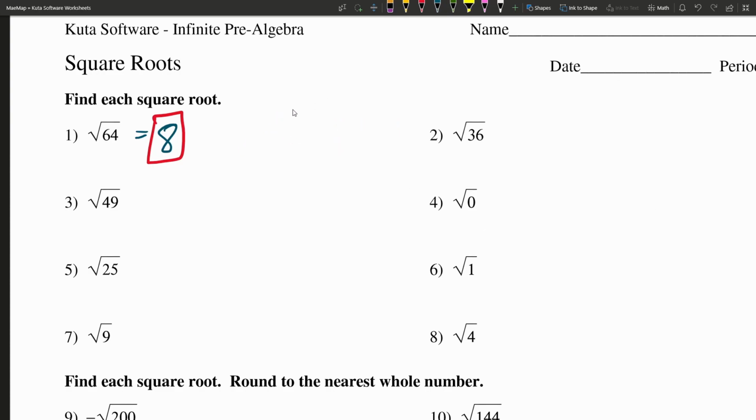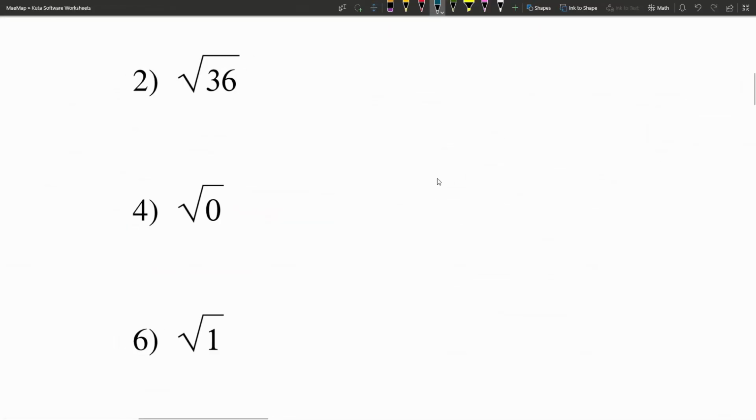So let's practice this as we dive into number 2. In number 2, we need to solve for the square root of 36. So what squared equals 36? What number multiplied by itself equals 36?